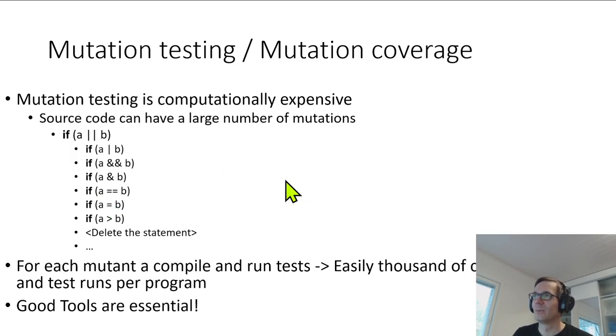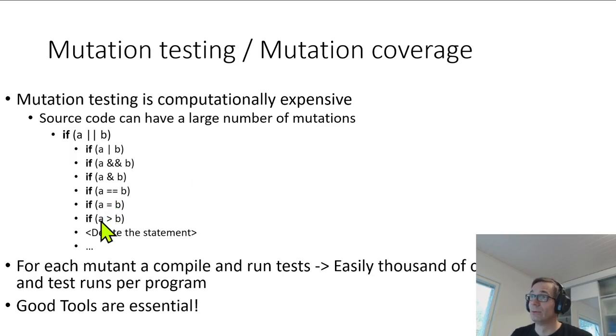So this is not comparing A versus B. At least it's not doing that in C. This would be assigning the value B to A. And this would actually go through many of the compilers. I'm not sure if Java compilers would actually allow this. So many of the mutations would be rejected by the compiler. This might go through or this might not go through, depending on the compiler.